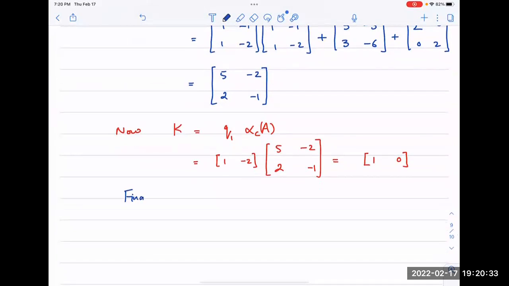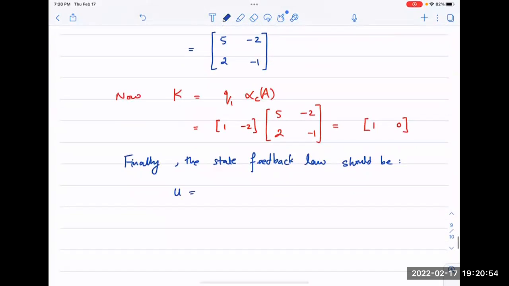So finally, the state feedback law should be u equals minus Kx, equals minus [1, 0] x, right?